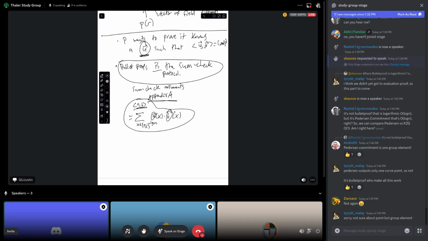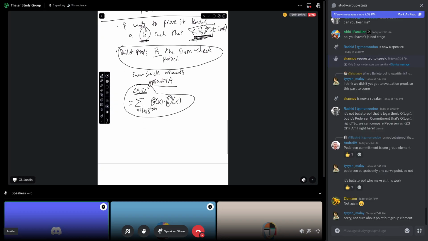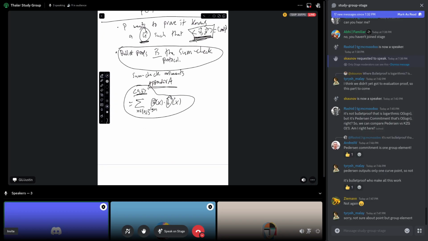Well, Bulletproofs is all about inner products of two vectors. So basically what the appendix in this paper says is: let A equal U and B equal G. Now this is a little funny because G is group elements, but don't worry about that.